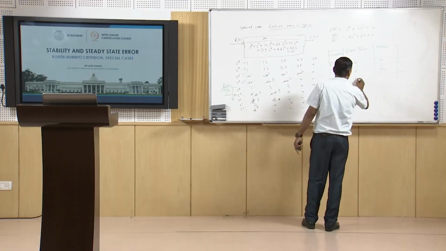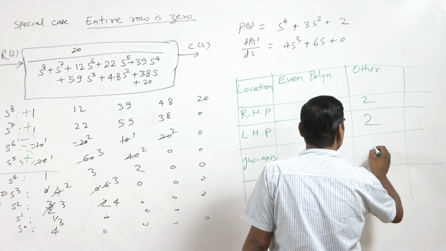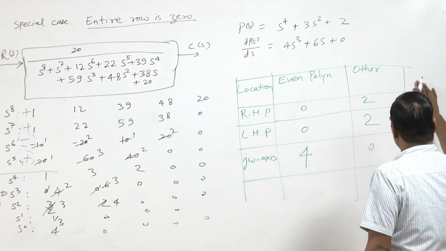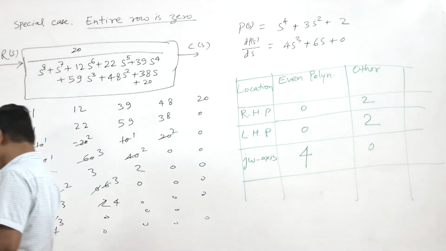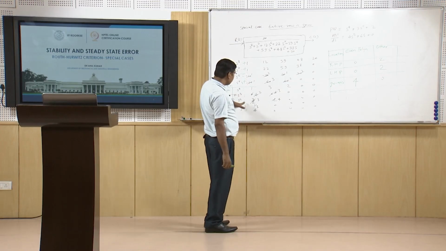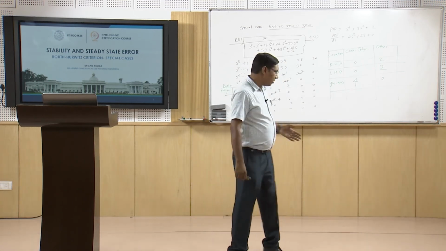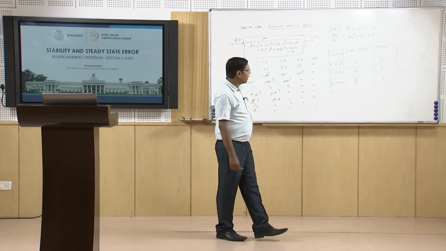So these 4 roots will be on the j omega axis, and the total here will be 8 roots, 2 plus 2 plus 4. So no sign change, no left half plane roots, no right half plane roots, and so all these 4 are on the j omega axis.